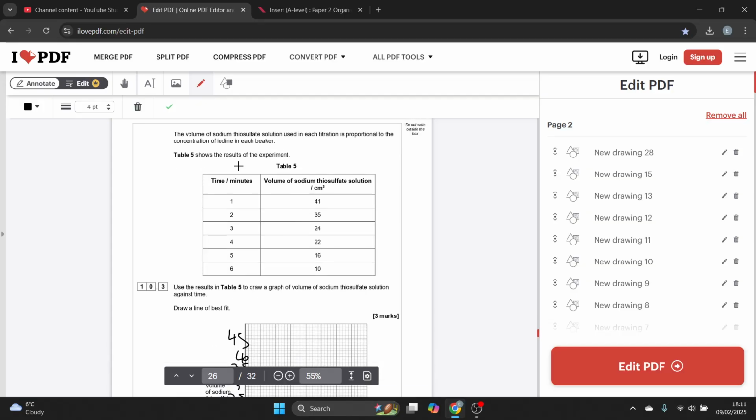And remember, your plotted points must take up at least half of the grid. And then you just plot it.